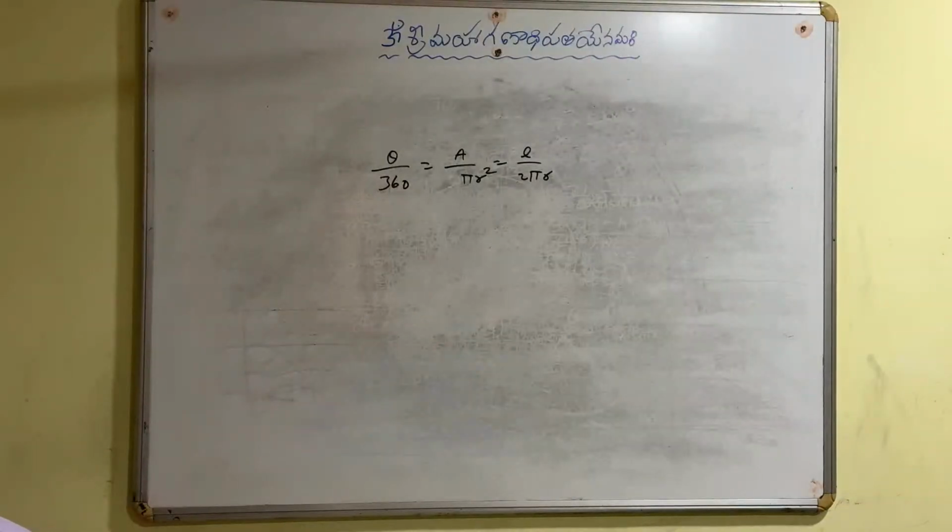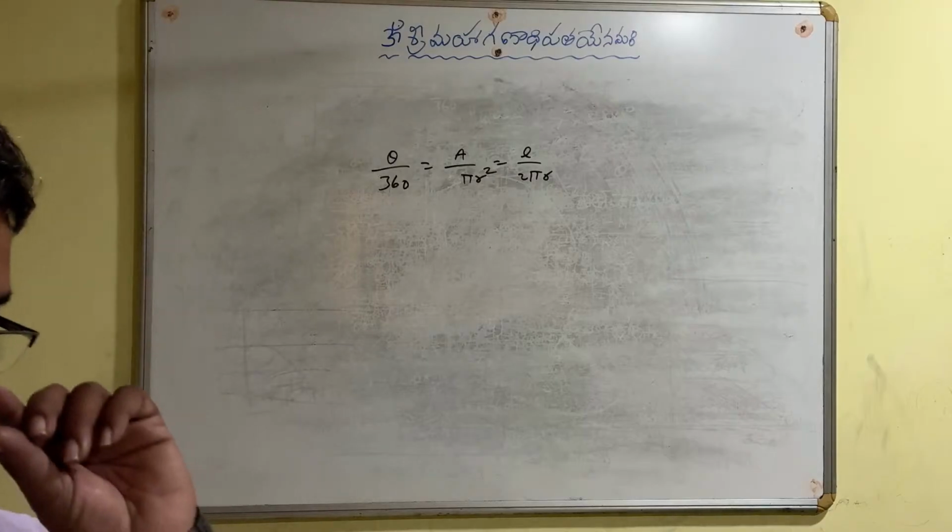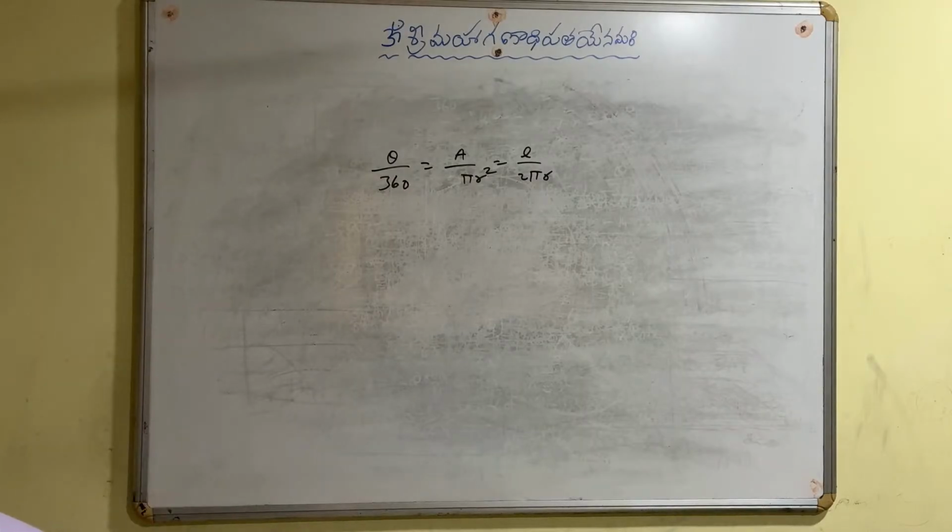Note this down, children. When theta increases, area of sector increases, and length of the arc also increases.